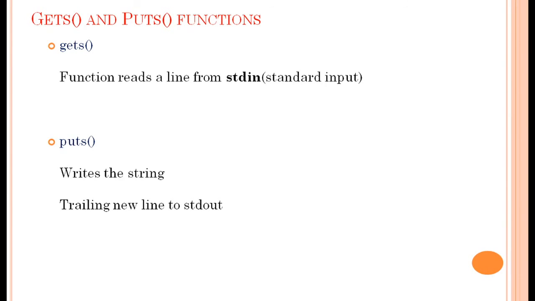Similarly, the puts function writes the string and a trailing newline to stdout, that is standard output. That is, it prints characters to the standard output, just like the printf statement.